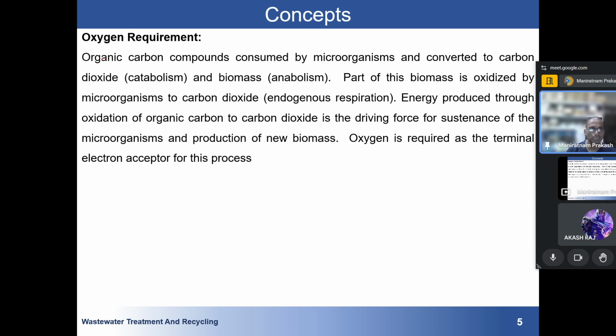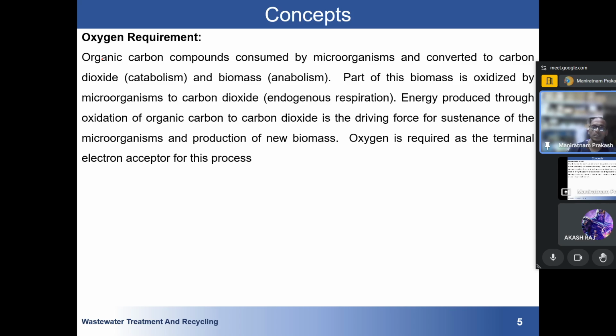If oxygen is present, we call that aerobic condition. And if free oxygen is not present, then we say that this is an anaerobic condition. Generally in our activated sludge process, this anaerobic condition prevails because there is lack of oxygen.